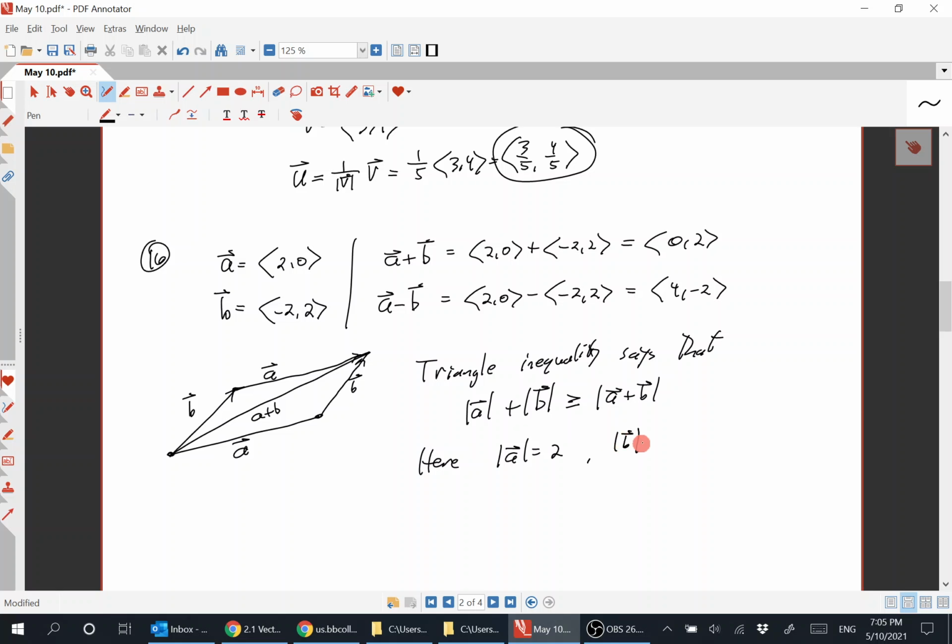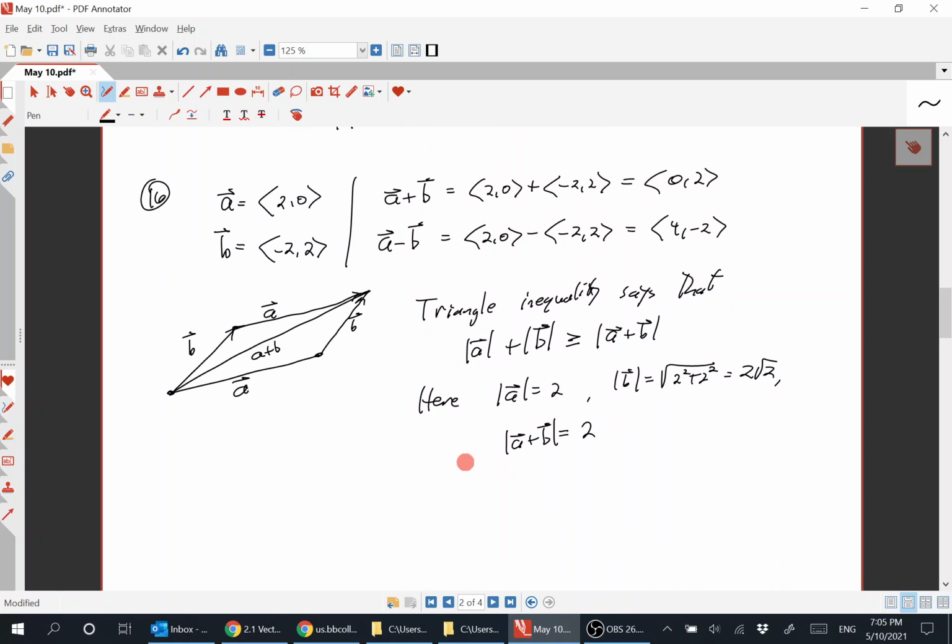The length of b is 2 root 2, the square root of 2 squared plus 2 squared. And the length of a plus b, which is right here, is 2 again, right? So 2 plus 2 square root of 2 is bigger than or equal to 2.